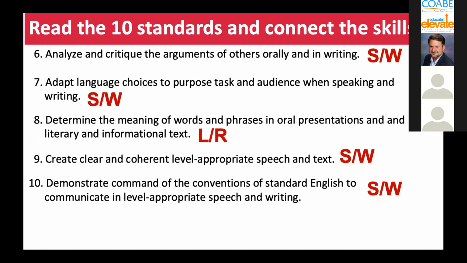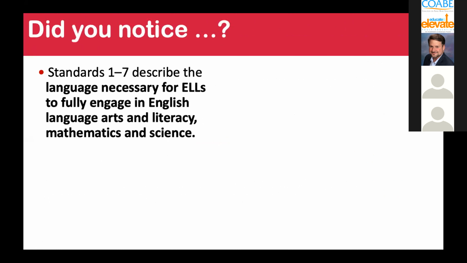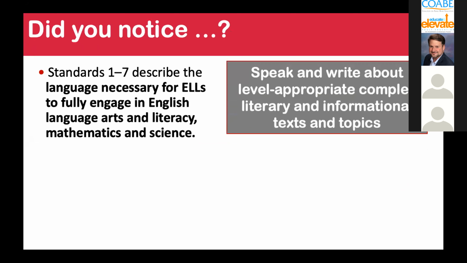Now, as you went through the standards, did you notice that standards 1 through 7 describe the language necessary for English language learners to fully engage in content? For example, speak and write about level appropriate complex literary and informational texts and topics.